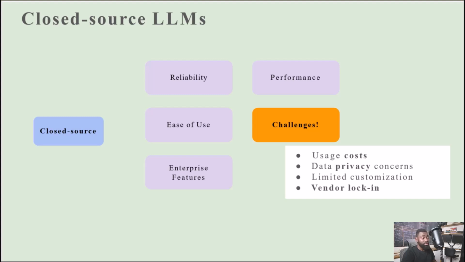Now we can also look at the enterprise features. When we talk about these closed source models, they're really good for enterprise because they have service level agreements, compliance certification, professional support, and of course security guarantees. So that is huge as well.